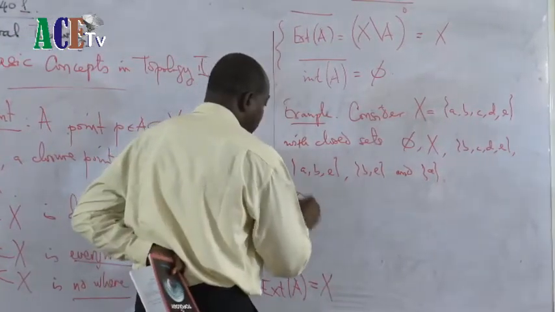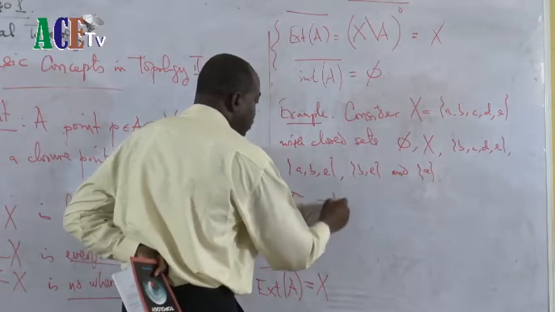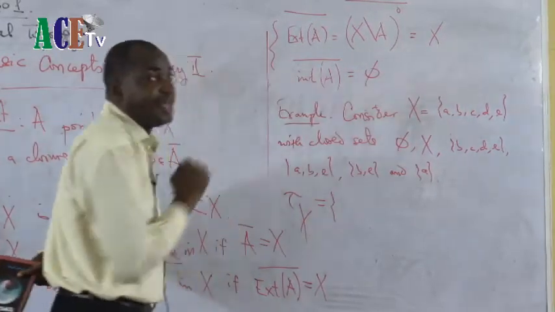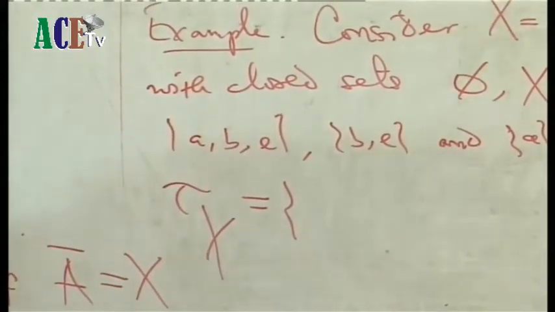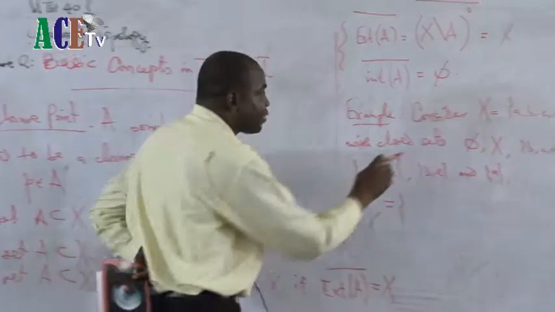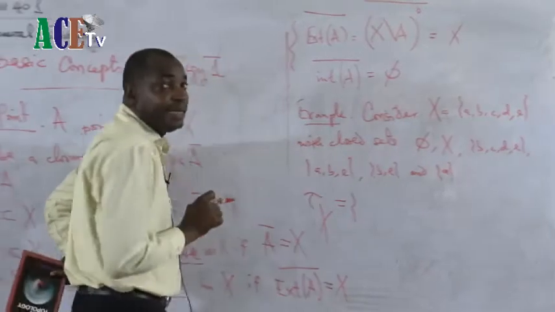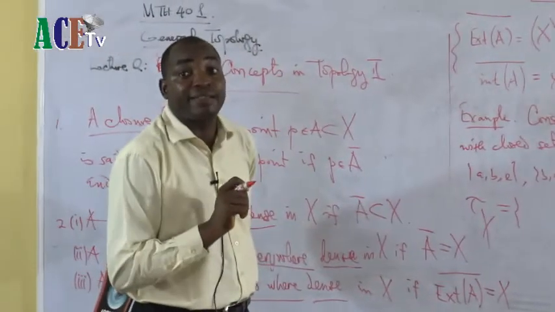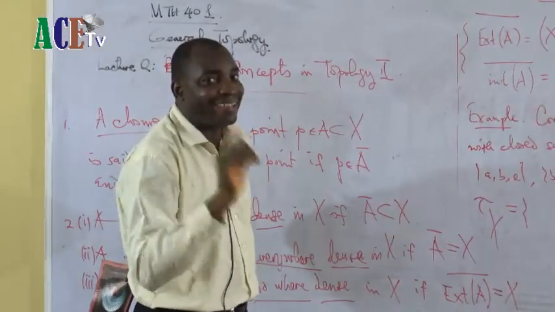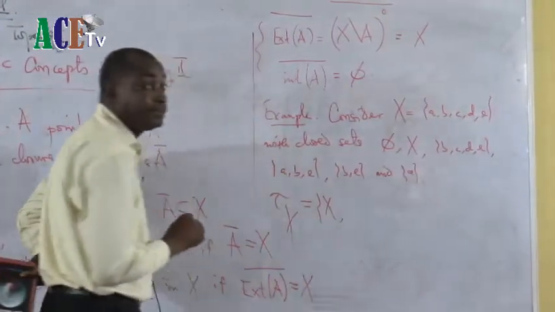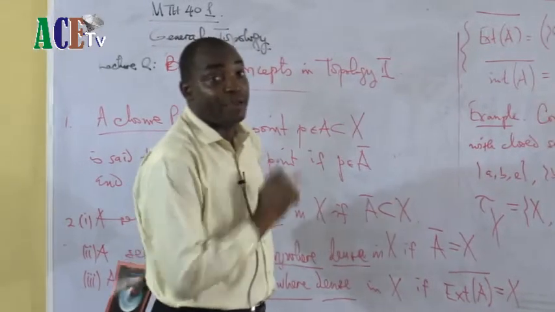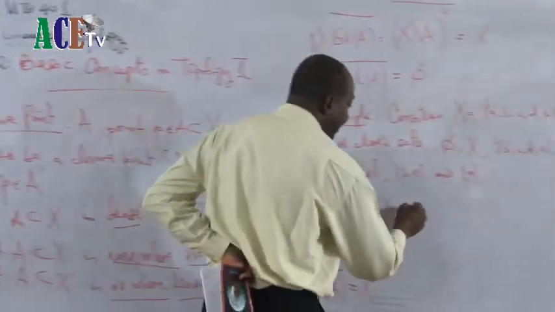Now, the topology on X will be made up of open sets. And to obtain the open sets here, what you simply need to do is to take the complement of each closed set relative to X. So X take away the empty set, first of all, will give us X. X take away itself will give us the empty set.